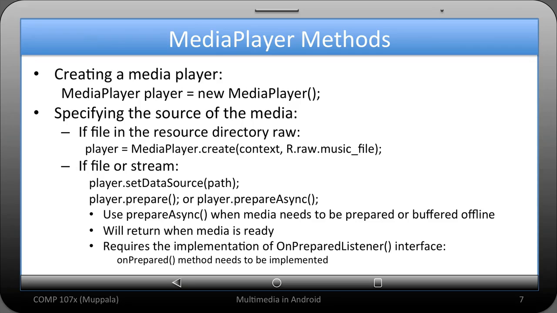So the first method that you would call is setDataSource, and then after that you would call the prepare method or prepareAsync method. If your preparation takes a longer period of time, then you should be using the prepareAsync method, which will then call back your class to inform that the media is now ready for playback.